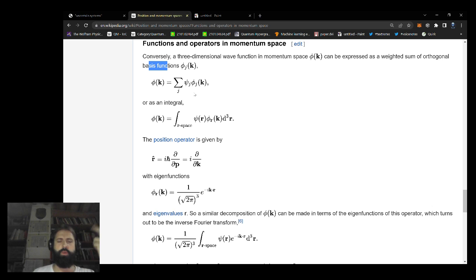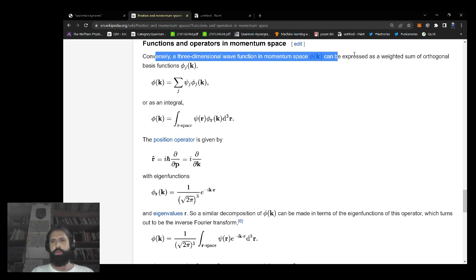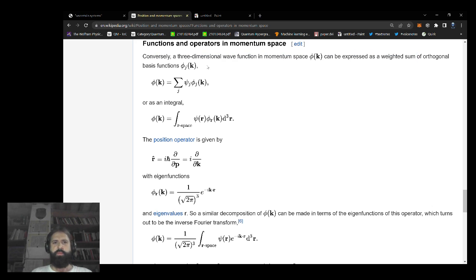Okay, orthogonal basis functions. A three-dimensional space can be expressed as a weighted sum of orthogonal basis functions. Intuitively, you can exchange those values by functions, and so that's what you're getting here, or as an integral. Now, why would you do an integral?